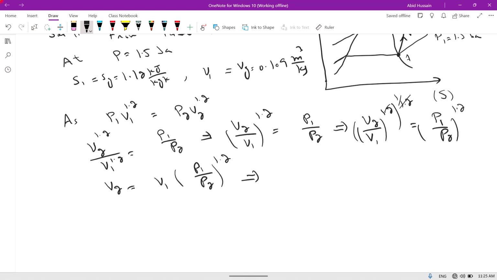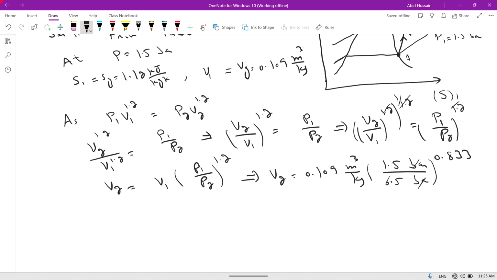So V2 is equal to, the value of V1 is 0.109 meter cube per kg, P1 is 1.5 bar and P2 is 6.5 bar, whole to the power 1 divided by 1.2, and 1 divided by 1.2 is equal to 0.833.